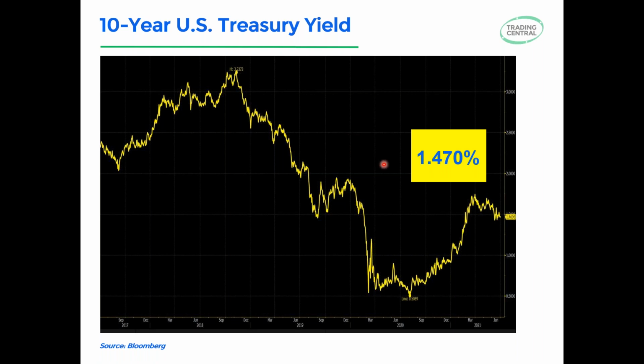I repeat, this 10-year Treasury yield, its trend is quite subdued, I can say. It is telling you that at the moment, the forward-looking economic growth of the US is not very positive. Is that clear?